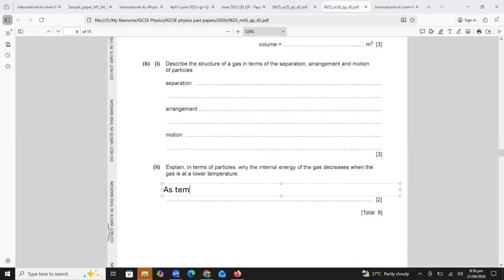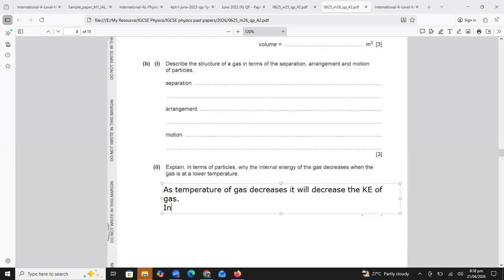So now we can write here: as temperature of gas decreases, it will decrease the kinetic energy of gas, full stop.